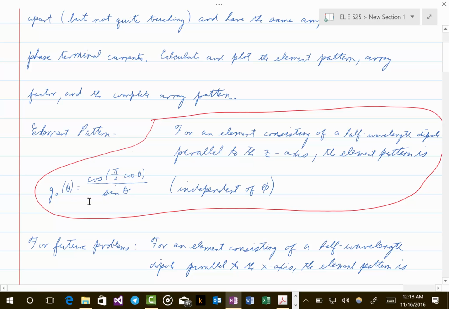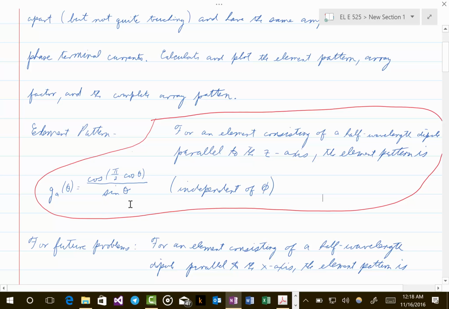This is a formula we've seen before, and as we have done before, I'll note again that this is independent of phi. Since we're talking here about a dipole that is lying along the z-axis, if you moved around this at some constant distance, you would see that the pattern does not vary in phi. So that's why we see no phi variation in this function.